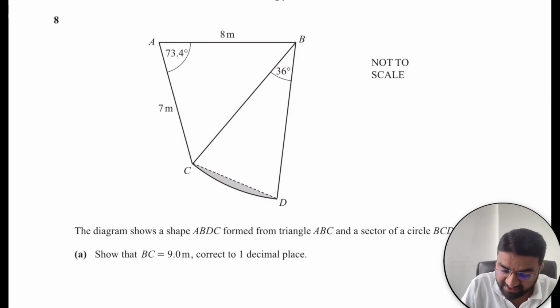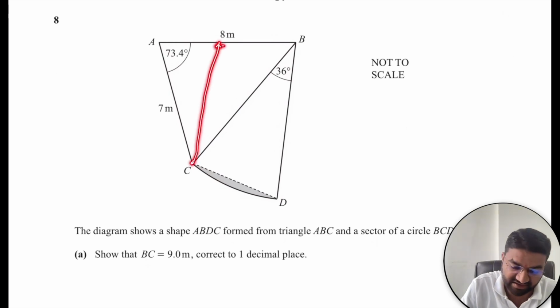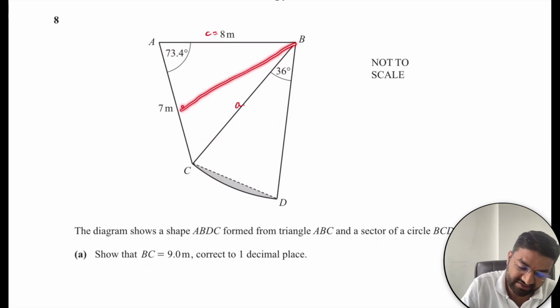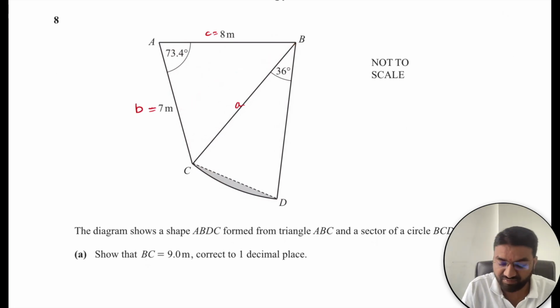So to calculate BC, we have AB equal to 8, fine. We will assume this one as C because this is capital C. So the side in front of angle C is small c, the side in front of angle A is small a, the side in front of angle B is small b, fine.